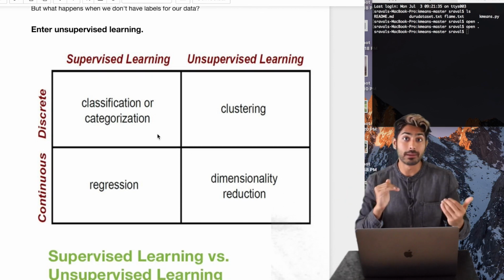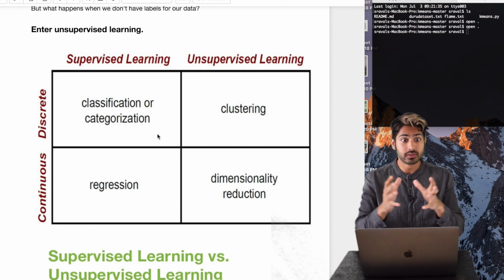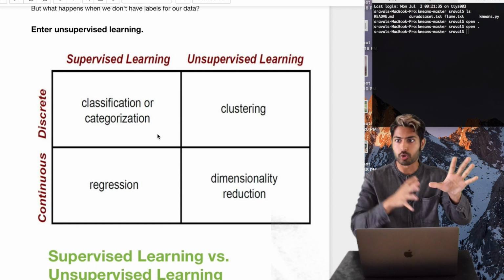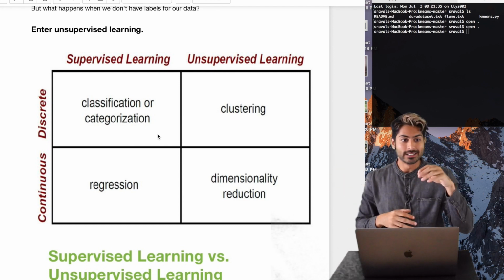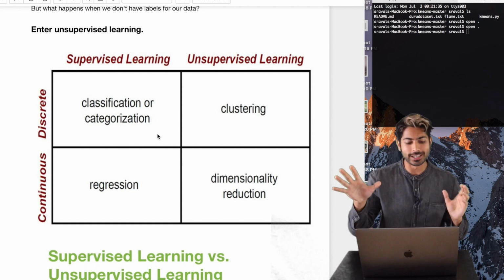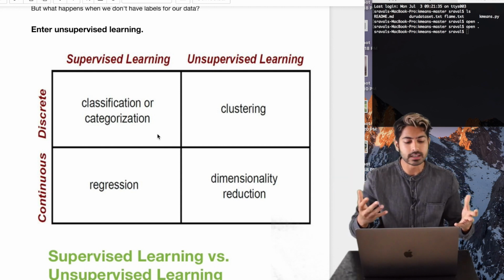There are two outcomes that we could possibly want. Either a discrete outcome, that is some contained outcome like red or blue or black or white or up or down or not guilty or guilty. These are containerized outcomes, binary outcomes.